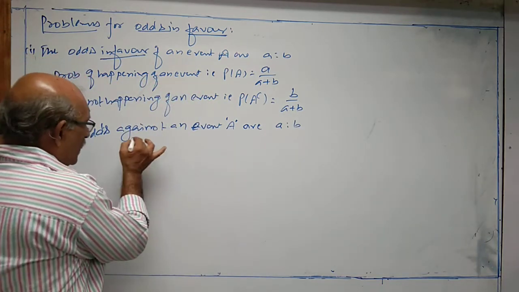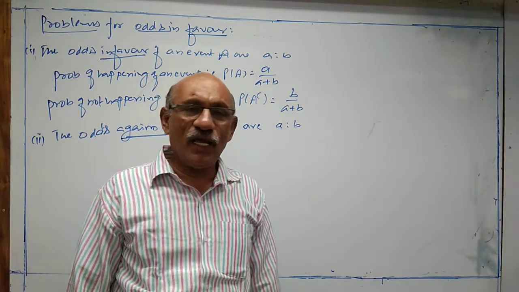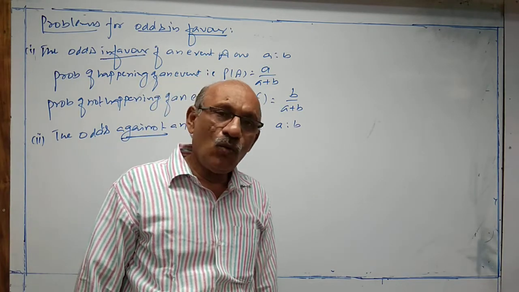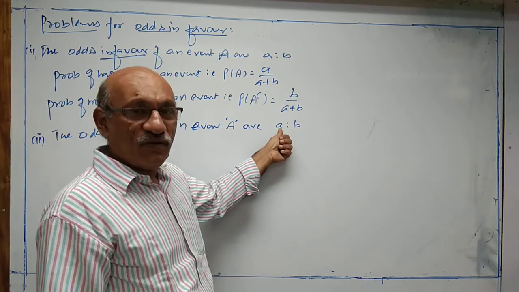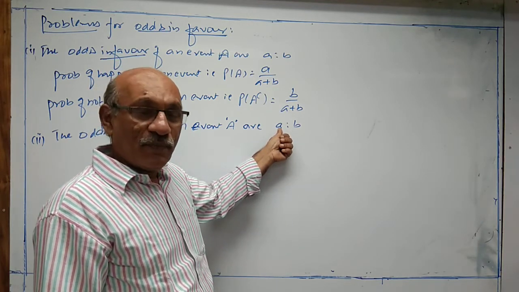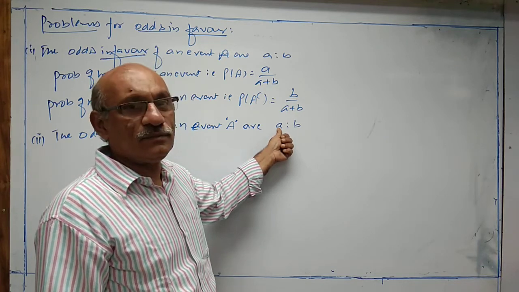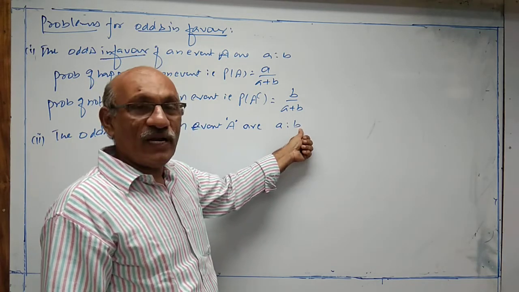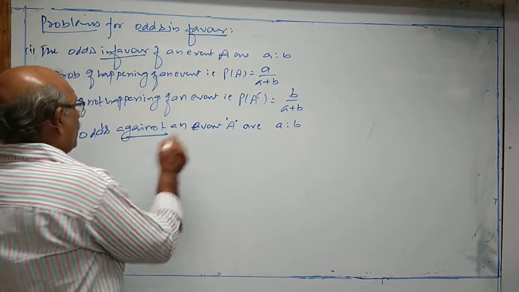This time what is given? Odds against an event A are a is to b. What does it mean actually, sir? The first number, small a, will represent what? Cases which are not supporting. The second number will represent what? Cases which are supporting.